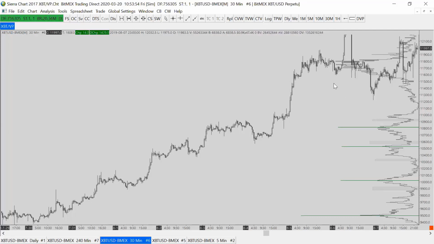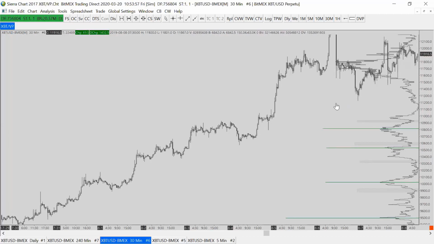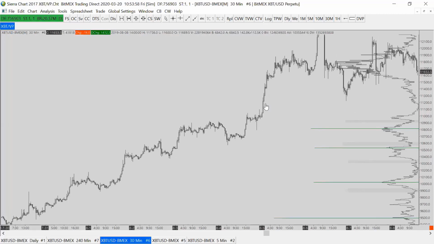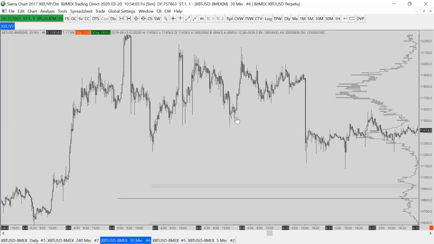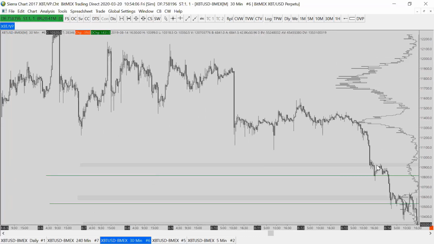Okay, the ranges are getting wider. Anyway, price consolidates up there. Breaks back down through this LVN quite easily, which is not unsurprising given that it's just broken out of this 3 or 4 day range.